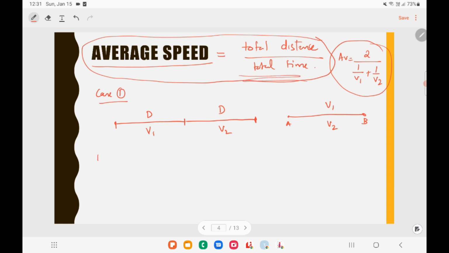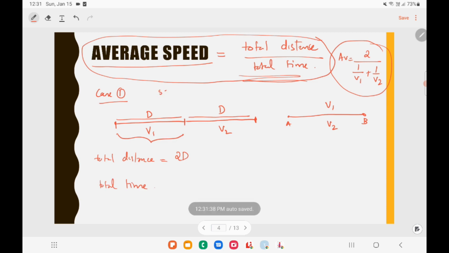So in this case, what is the total distance? The car travels from here to here d, and from here to here another distance d. So the total distance will be d plus d, 2d, right? Now what is total time? We know that speed is equal to distance traveled by time, or time is equal to distance traveled by speed.